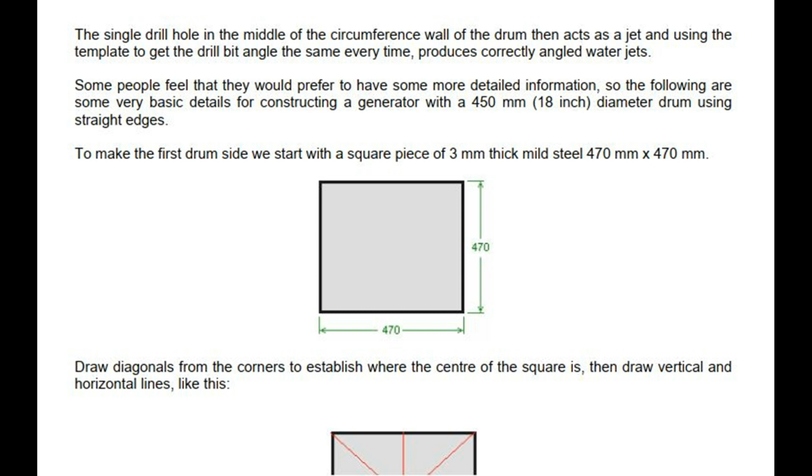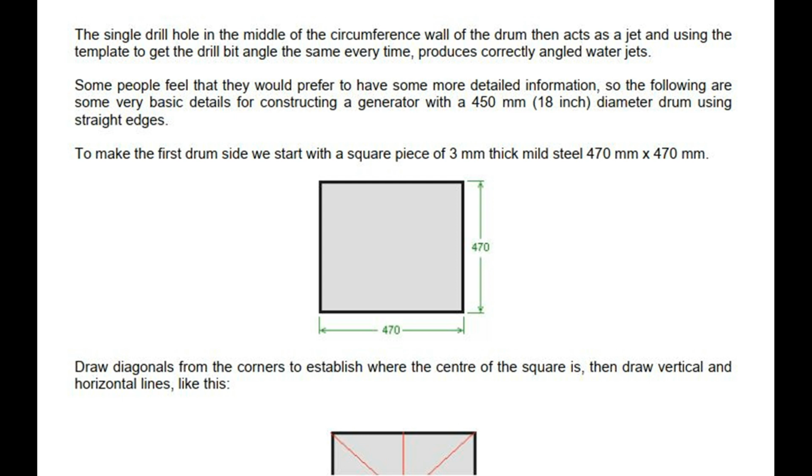Some people feel that they would prefer to have some more detailed information, so the following are some very basic details for constructing a generator with a 450 mm, 18-inch, diameter drum using straight edges. To make the first drum side, we start with a square piece of 3 mm thick mild steel 470 mm x 470 mm.